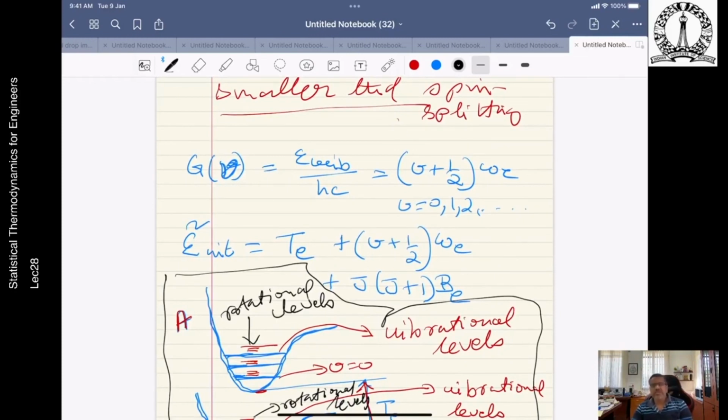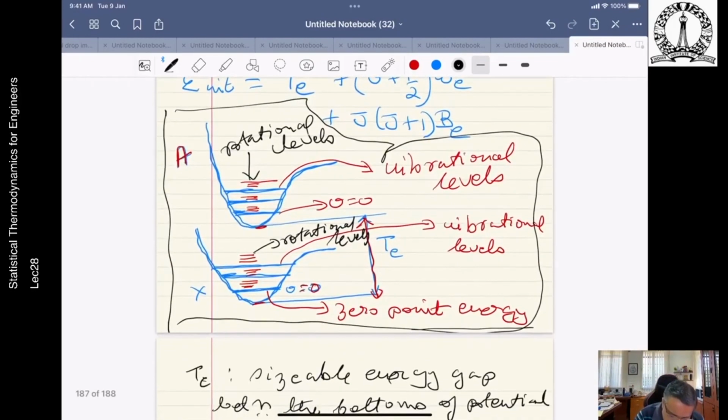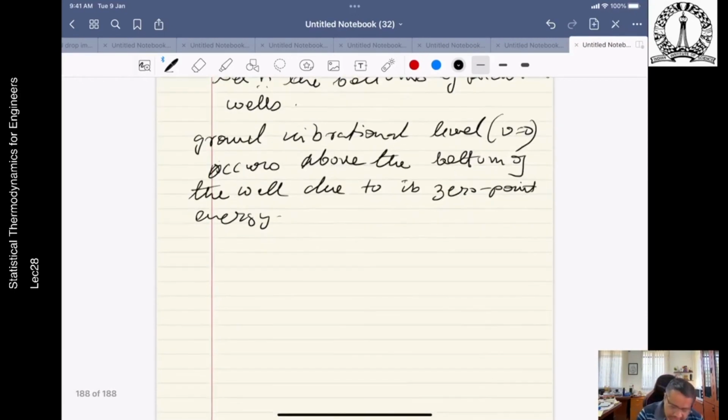So we can see that there are all possible energy gaps, from here to here, within the rotational band, from one rotational band to one vibration, all these.